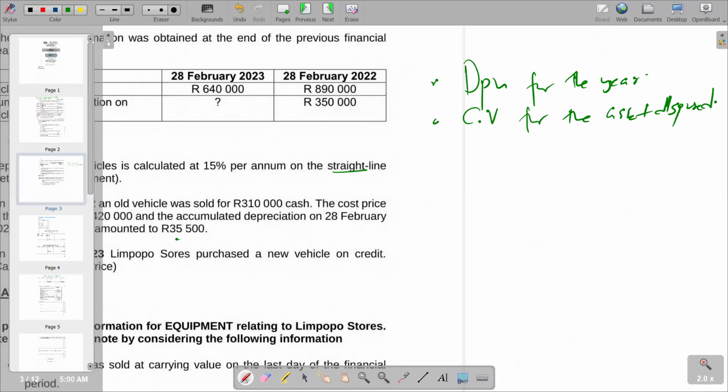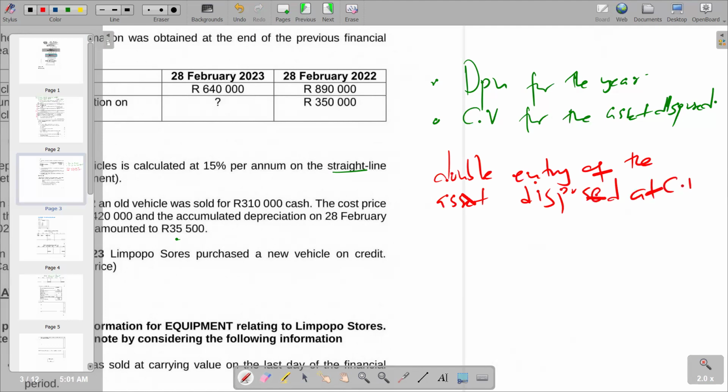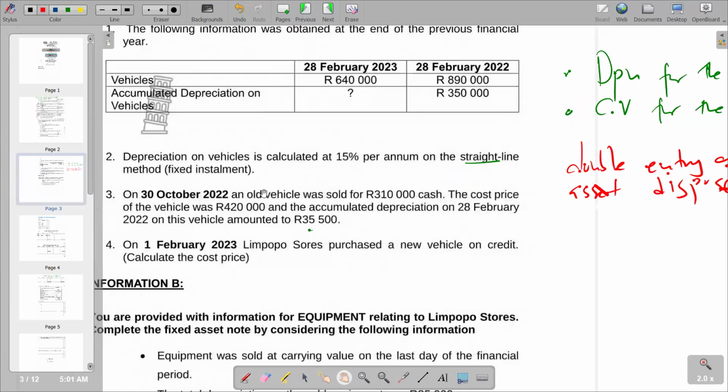We can take note of this, but what we are concerned about at this point is the double entry of the asset disposed at cost price. We are told that the one that was disposed is the one that was sold. Remember, we said that disposal is the same as being sold.